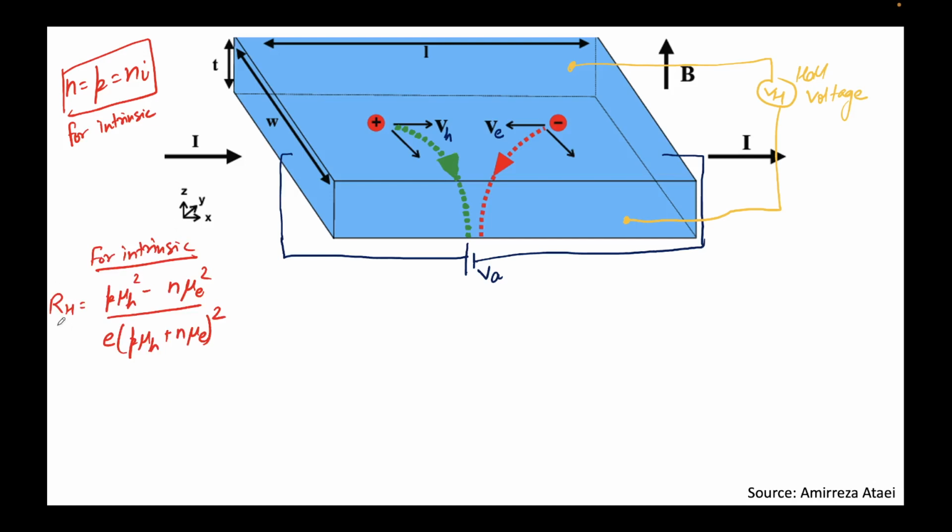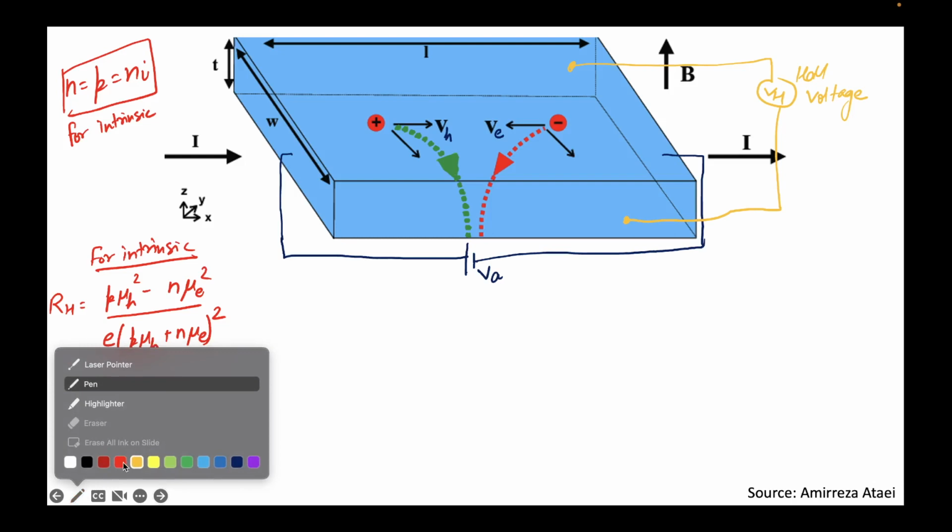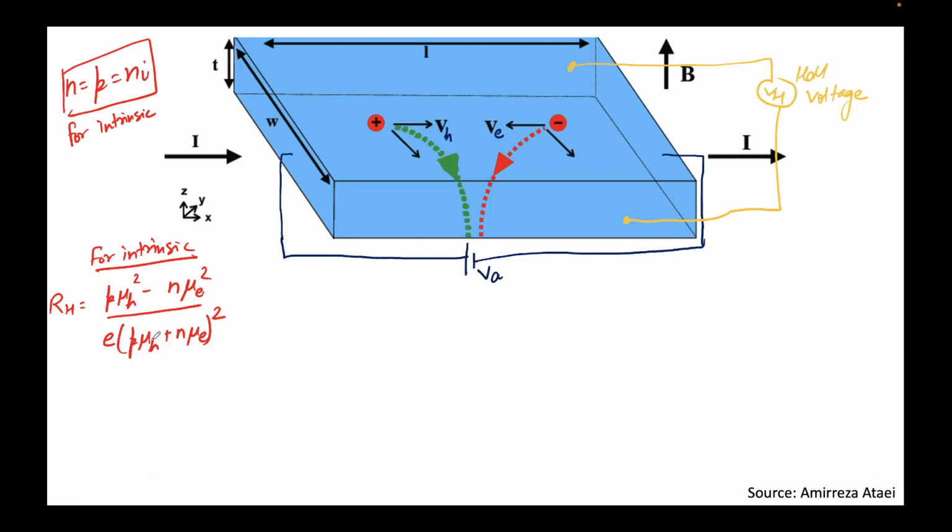We know that the Hall coefficient for an intrinsic semiconductor is given by the formula written on the left of your screen. Now, for an intrinsic semiconductor, N equals P equals Ni. Let's put this value here. So I'll get Ni mu H squared minus Ni mu E squared, divided by e times Ni mu H plus Ni mu E, whole squared.